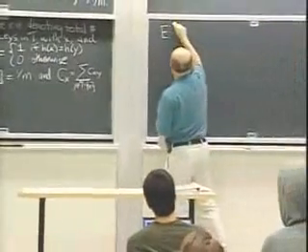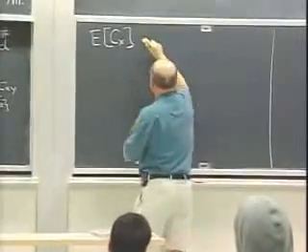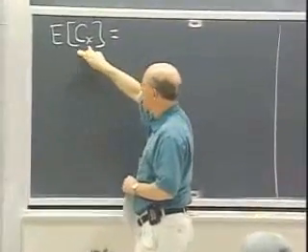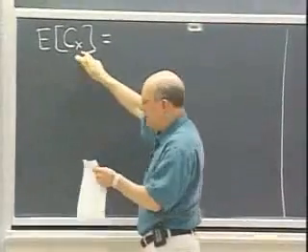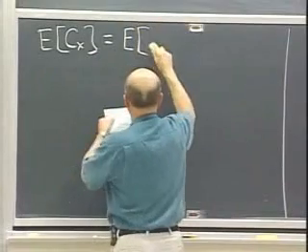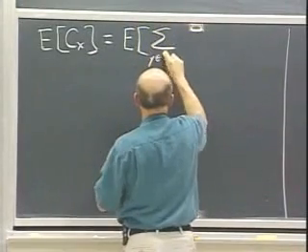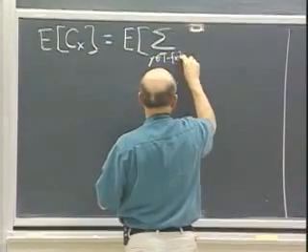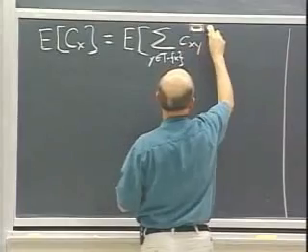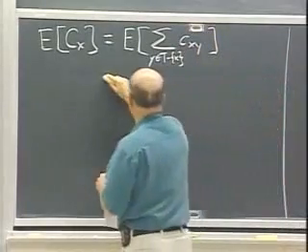So now we just have to use our math skills. The expectation of the number of collisions is the expectation of c sub x. And that's just plugging in the sum over y in t minus the element x of c of xy. Okay, so that's just definition.